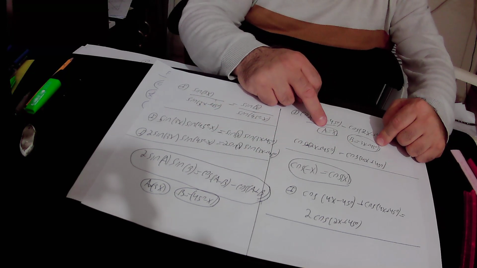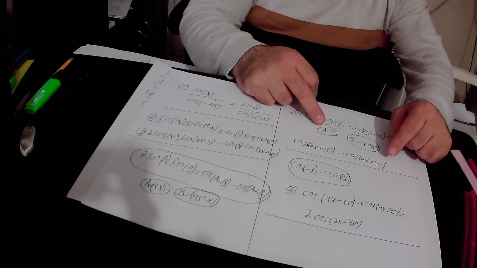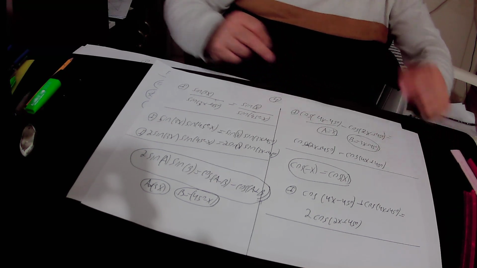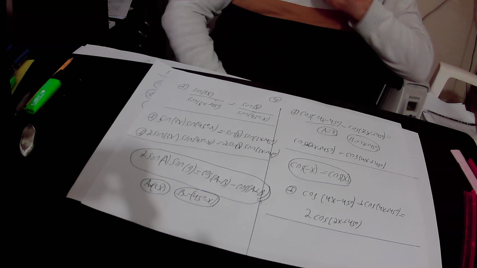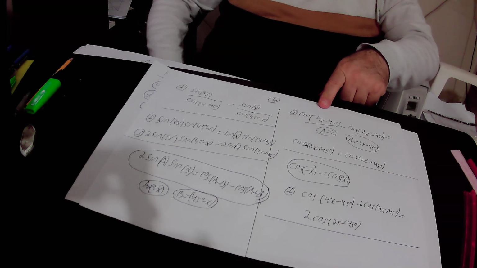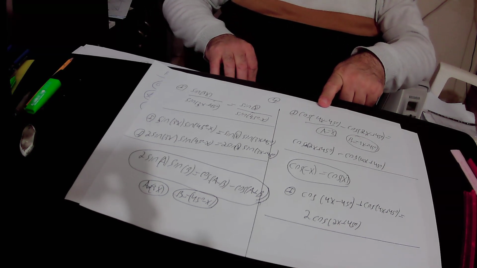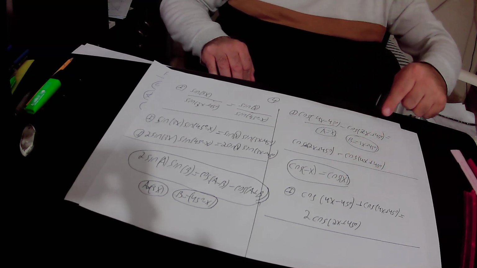A is x, b is 3x, x plus 3x is 4x, and 0 plus 45 degrees is 45 degrees. So here we copy this expression here, cosine 4x minus 45 degrees.